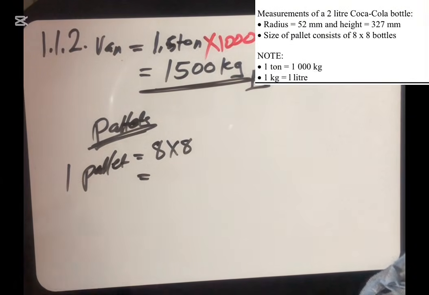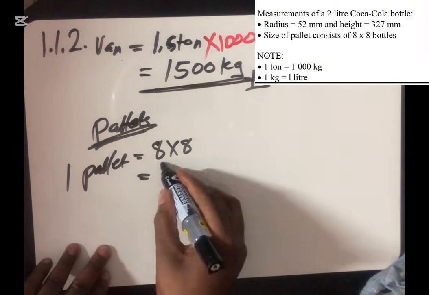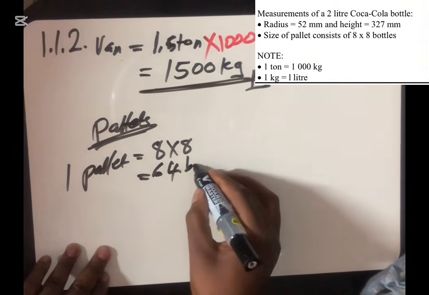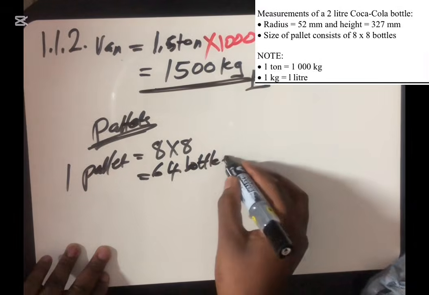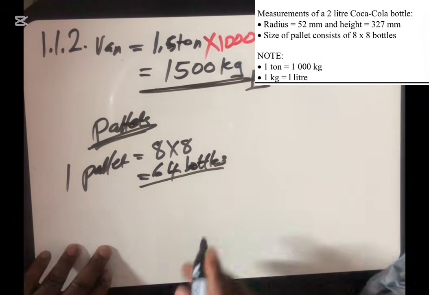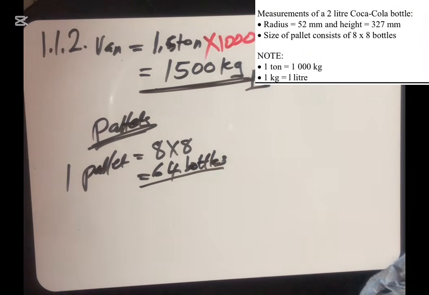What is 8 by 8? 8 by 8 is equal to 64. One pallet carry 64 bottles. And according to the information that we have, one bottle is 2 liters.